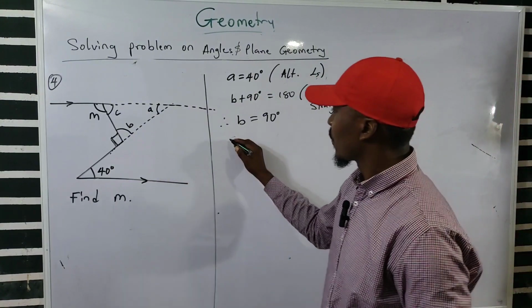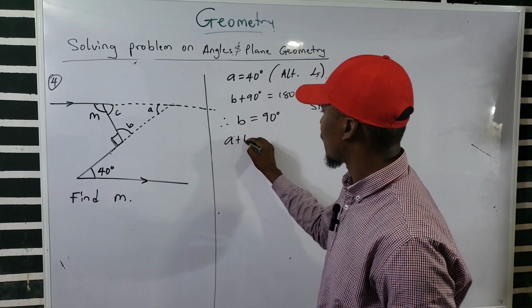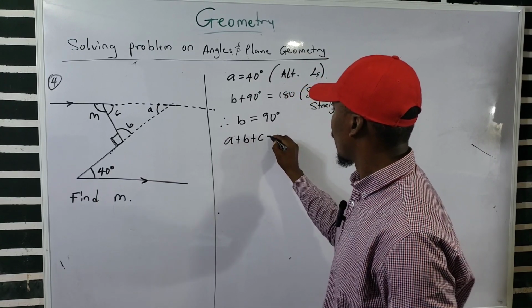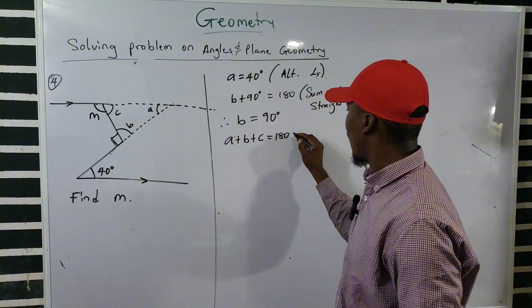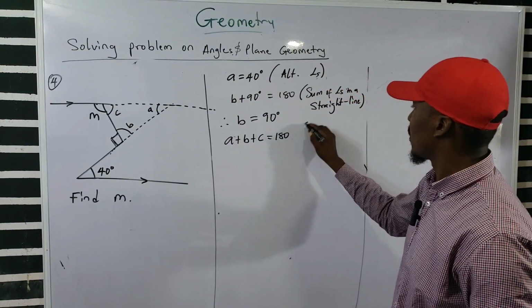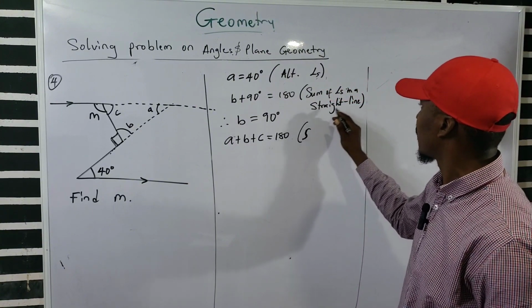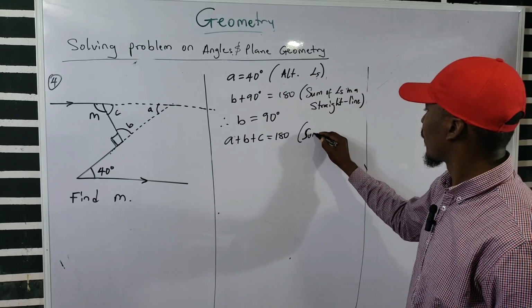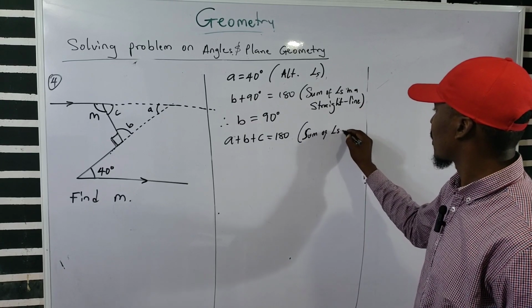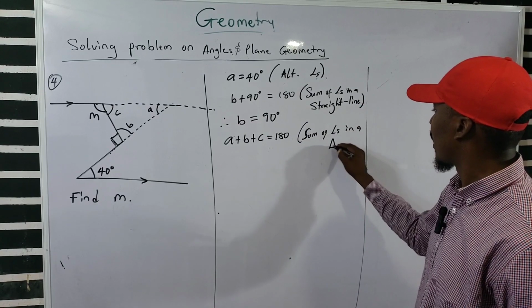Okay, so for our C, A plus B plus C will give us 180. Our reason is sum of angles in a triangle.